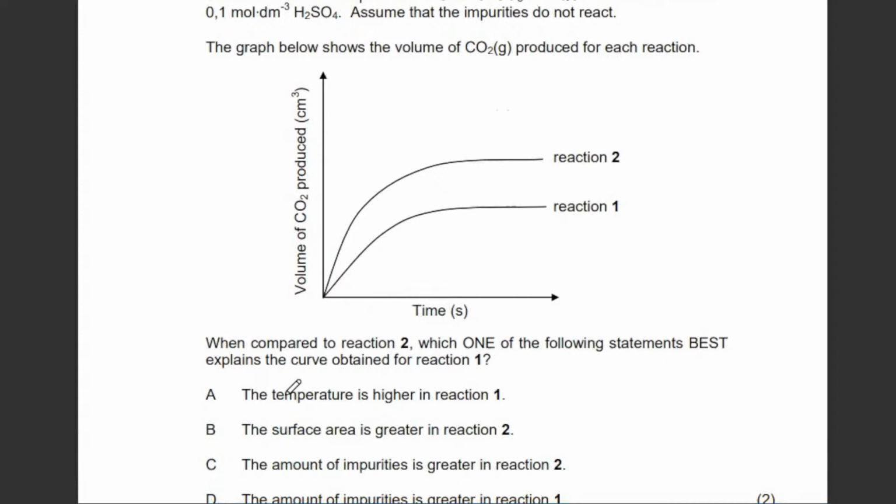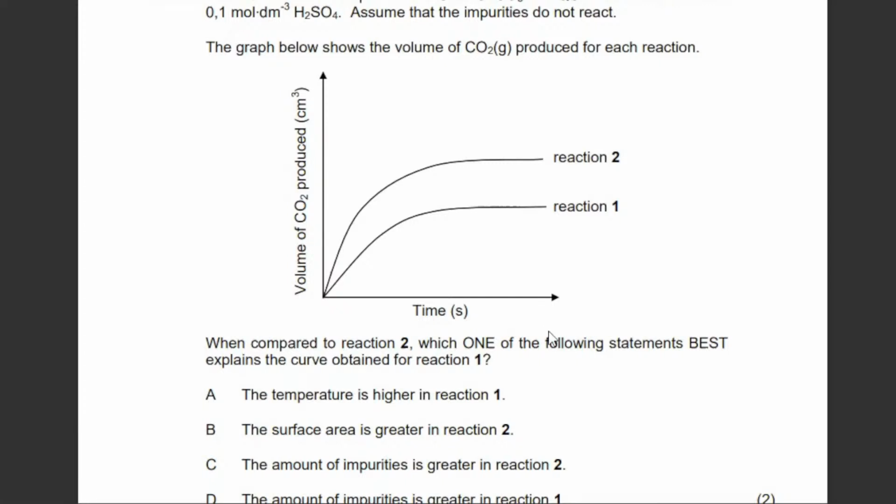If they are looking for each reaction, when compared to reaction 2, which one of the following statements best explains the curve obtained for reaction 1?